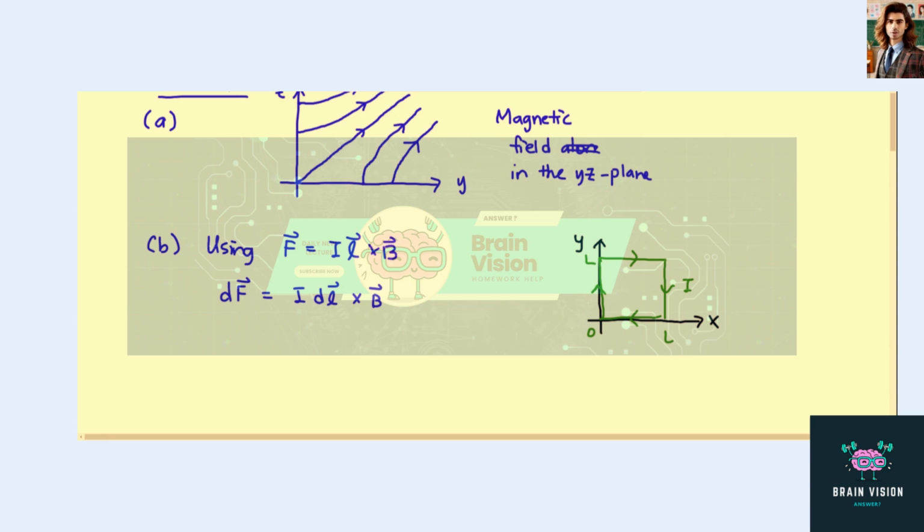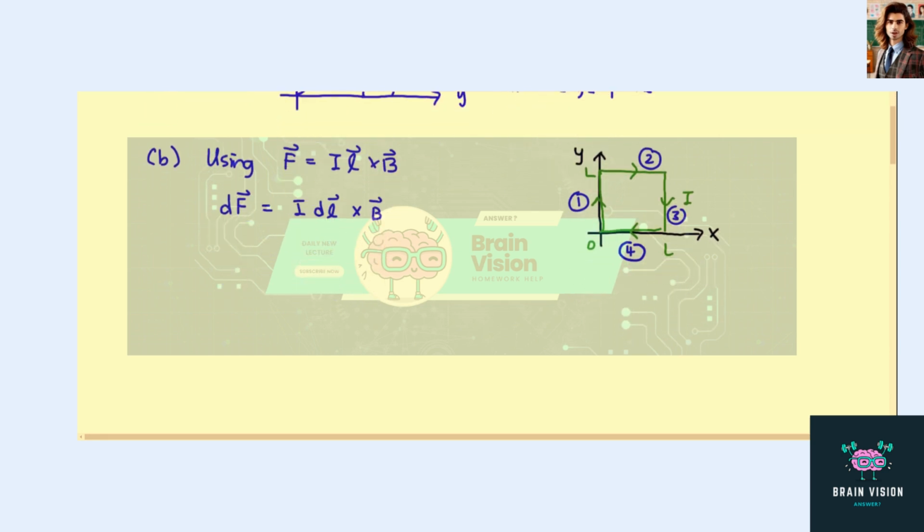Then we will label each side as 1, 2, 3, 4, and work out the dl accordingly. We are given that B is B naught z over L j hat plus B naught y over L k hat.